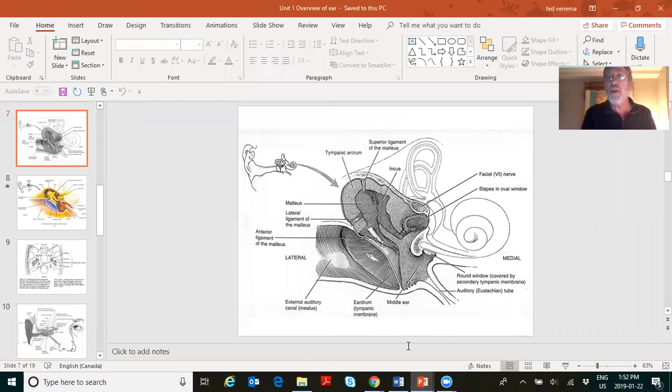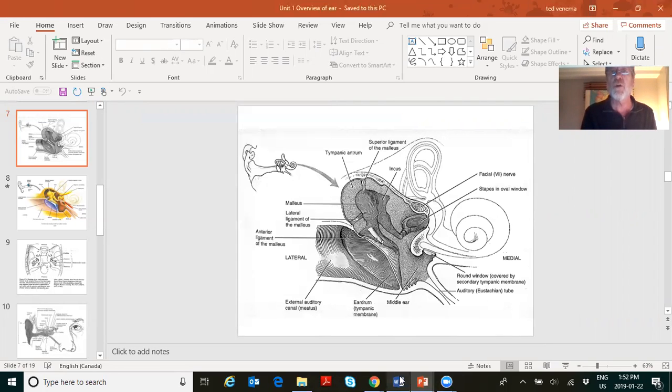Again, the occlusion effect: low-frequency bone-conducted sounds resonate the mass of your skull, which in turn vibrates the cartilaginous portion. Plugging your ear prevents that from escaping, so it's going to go back into the ear, but if you have a middle ear infection, it won't be able to.